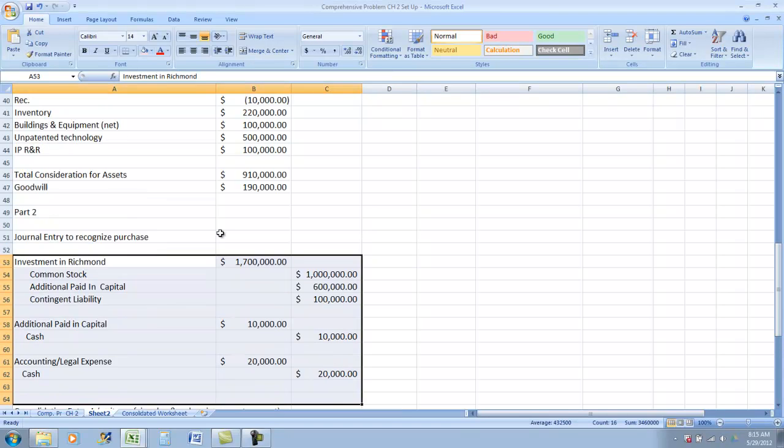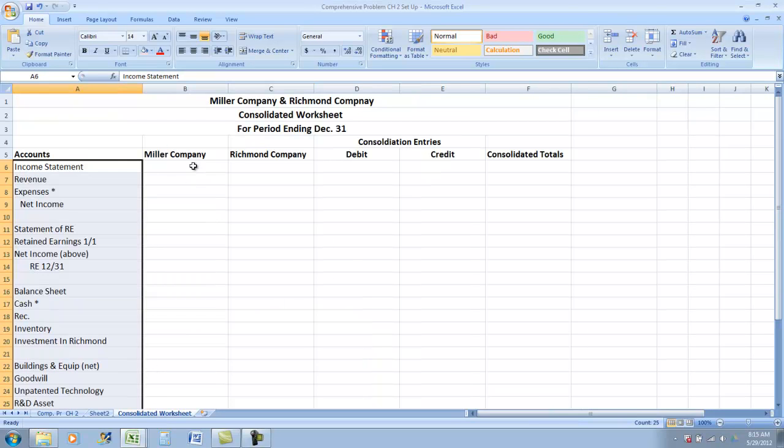Okay. So we need to put these as well as all of these onto our consolidated worksheet. Now it was pre-set up for you.